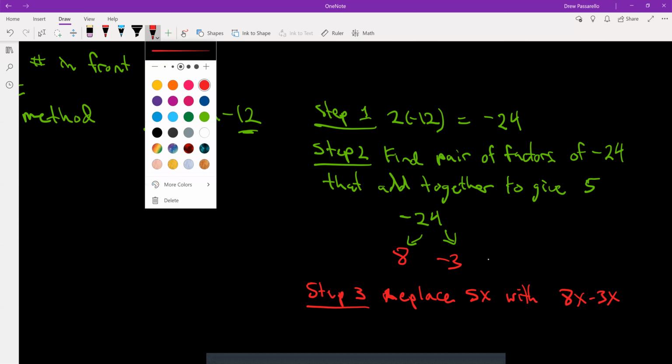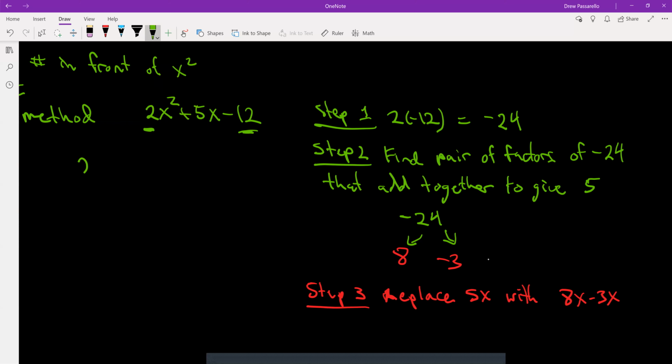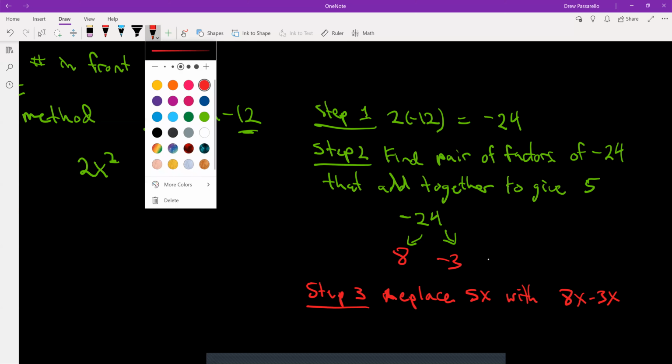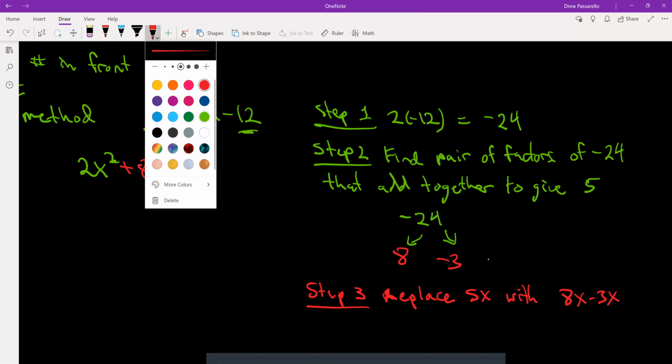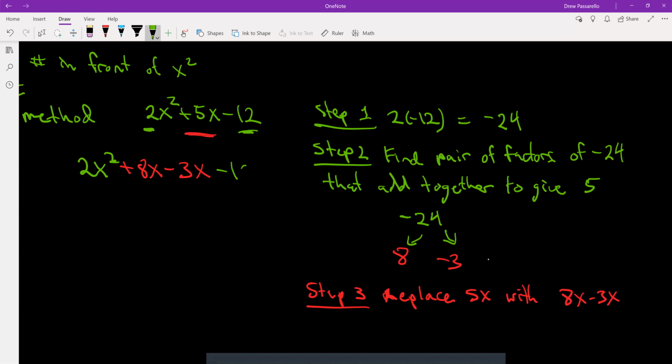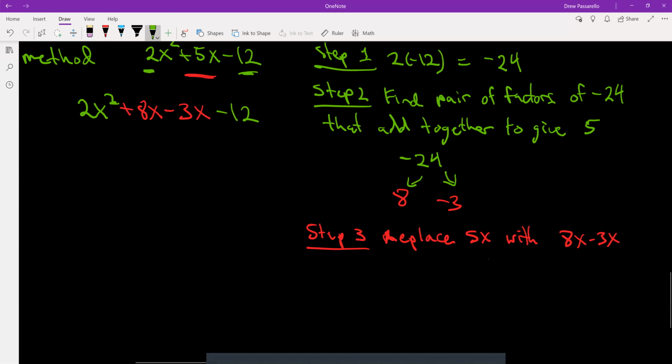So the problem will turn into 2x squared plus 8x, so I'm writing it over again, I'm just changing the middle term, and then minus 3x, and then minus 12. All right, and the last step is to factor by grouping.